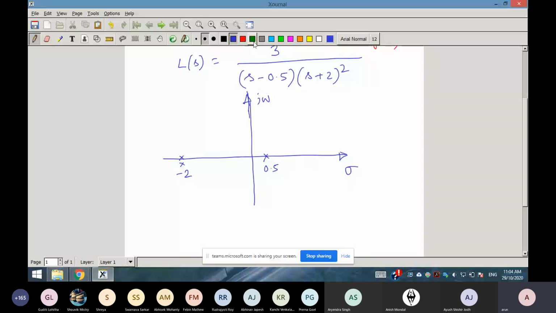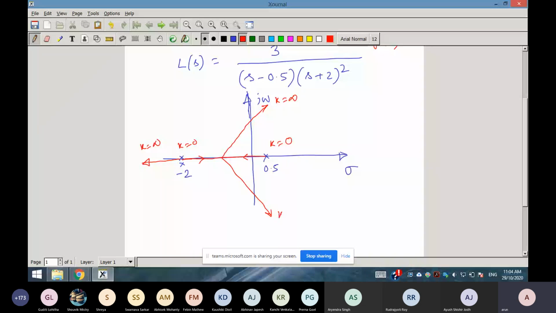So how will the root locus look then? If you draw it, the root locus will look like this. Three roots will go to infinity. This is your k equal to 0, and here k equal to infinity, here k equal to infinity, here k equal to infinity.